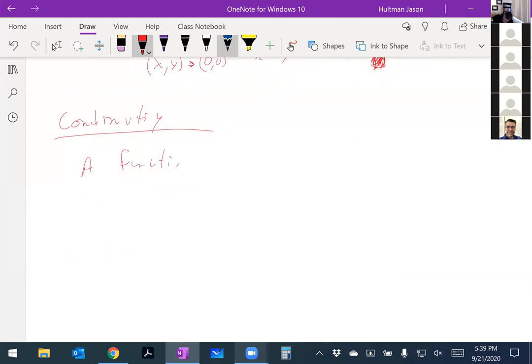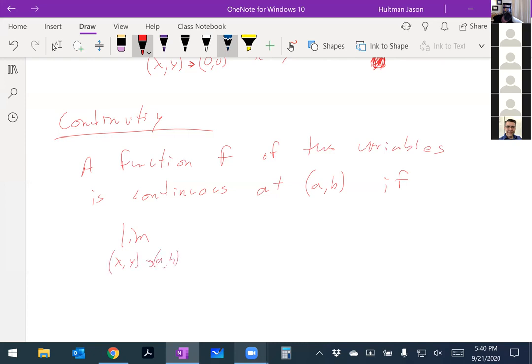A function f of two variables is continuous at (a, b) if the limit as (x, y) approaches (a, b) of f(x, y) equals the function evaluated at (a, b). Then it's continuous at that point.